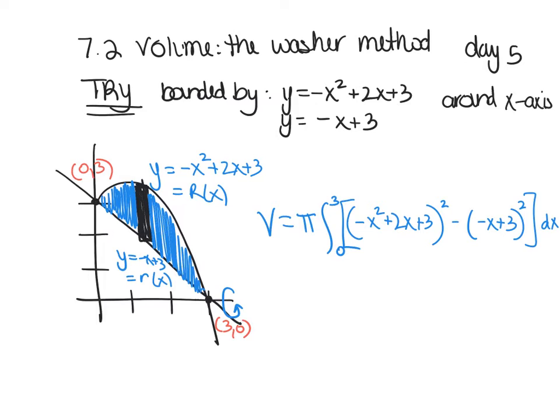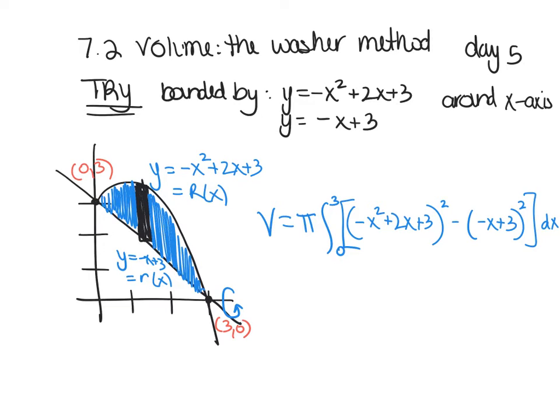Since you're rotating around the x-axis, your larger radius will be the parabola, because it is the function with the higher height between 0 and 3. The smaller of the two, your lowercase r of x, is negative x plus 3. So when you plug it into your integral, you have your capital R of x squared minus your lowercase r of x squared, your larger radius minus your smaller radius.